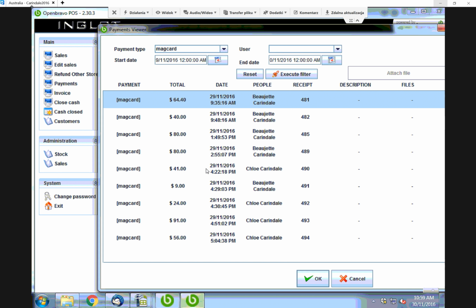Now, what you need to do is double check the time of the FPOS receipt transaction and see if it actually was this sale here. So at 4:22, it should say on your FPOS receipt 4:22 as well, or 4:23. Now what this means is that someone has actually typed into the FPOS machine an incorrect amount.